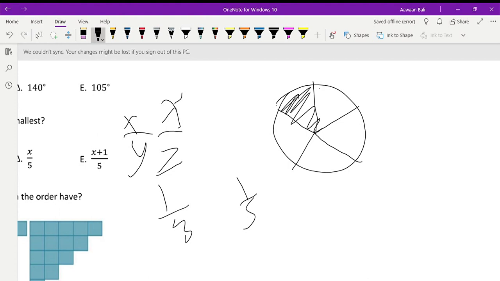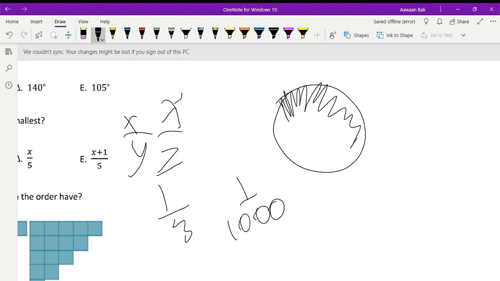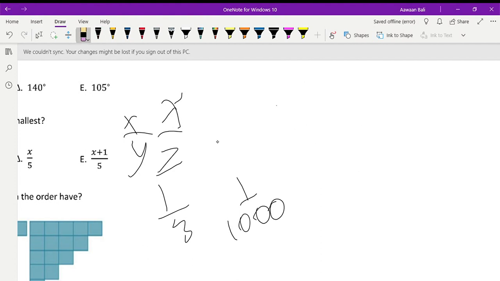Here's the cake. And if we had 1 upon 1,000, we'd have to make 1,000 pieces, and that would be basically this much. It would just be like this much, maybe even less. So basically that. Now I hope you understand that now.